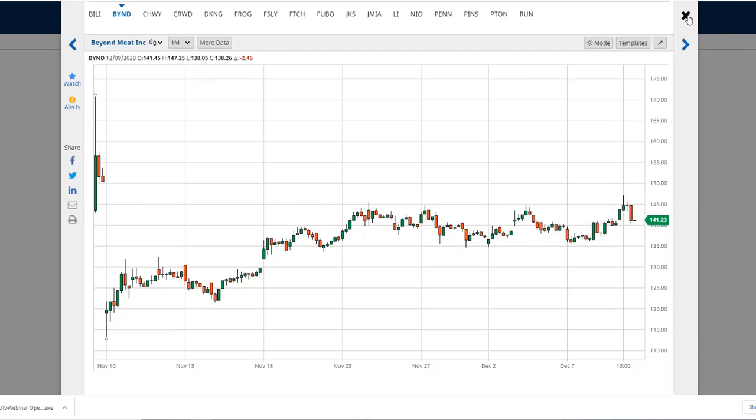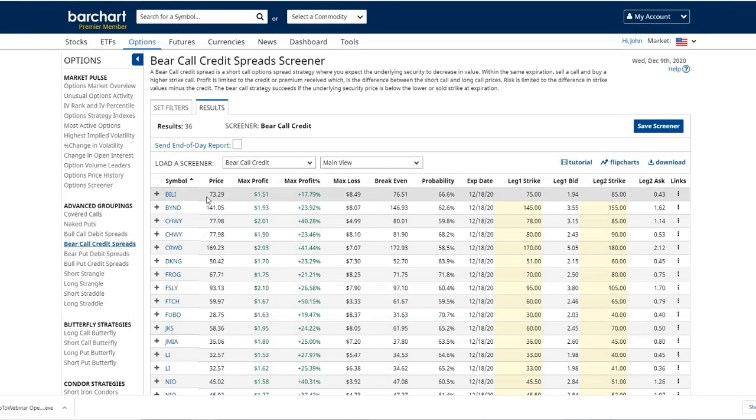So Beyond Meat, and what do we have? All right. So we have 145, 155, right? That's what we're talking about. And I'm picking up $2 on a $10 differential. Probably not what I want, right? I probably want to lower that.